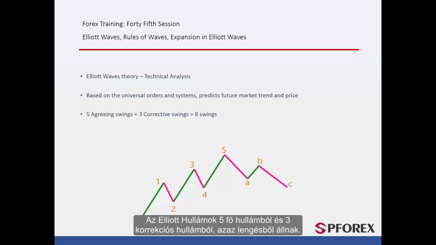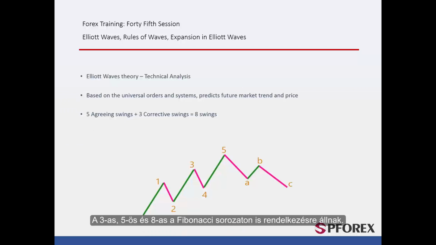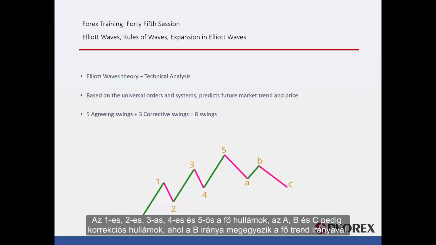Elliott waves includes 5 major and 3 corrective swings. Numbers 3, 5 and 8 are available in the Fibonacci sequence. The major swings are 1, 2, 3, 4, 5, while A, B and C are corrective swings, in which B has agreeing direction with the major trend.